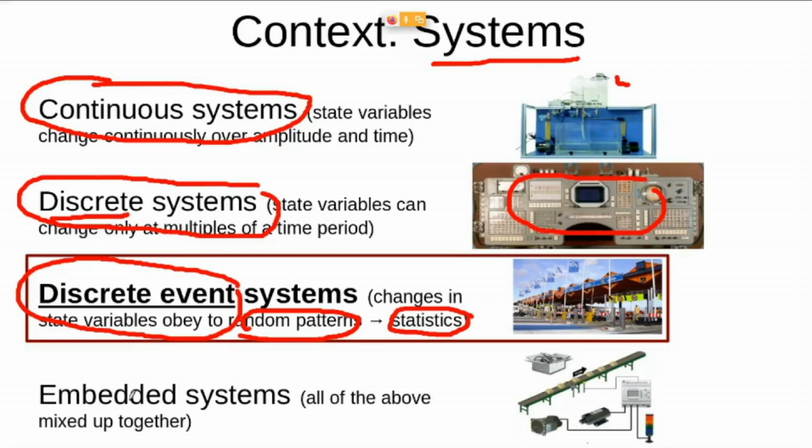Afterwards, we will be able to tackle embedded problems. What I mean with embedded systems is all of the above mixed up together. So production processes, as you can see here, computers, analog or continuous systems, and then discrete event systems.